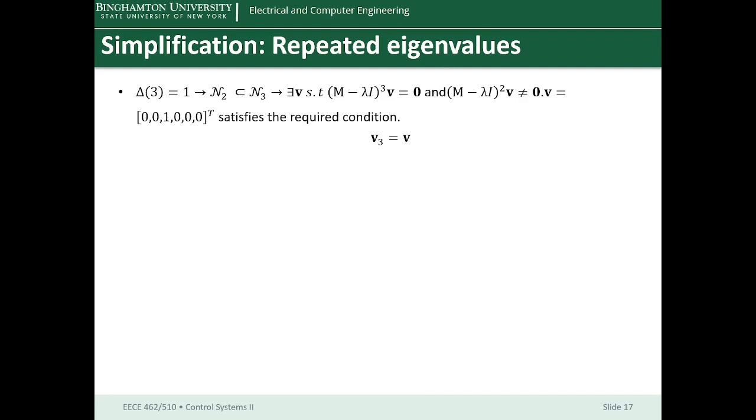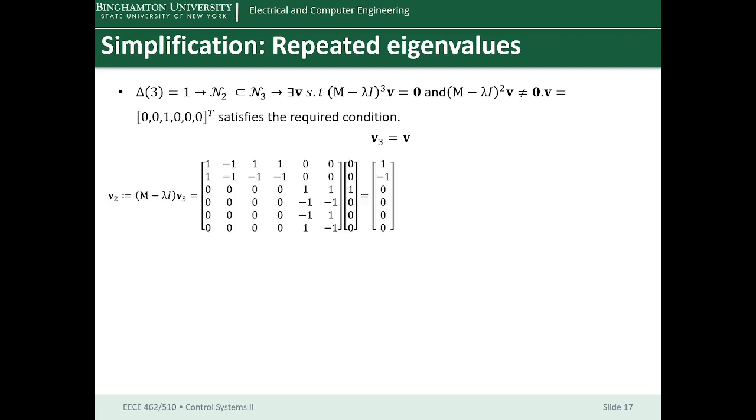We can build the rest of the chain by moving downward step by step. First, we compute v2 equals M minus 2 times I times v3. Then we compute v1 equals M minus 2 times I times v2. By construction, v1, v2 and v3 together form a Jordan chain of length 3.